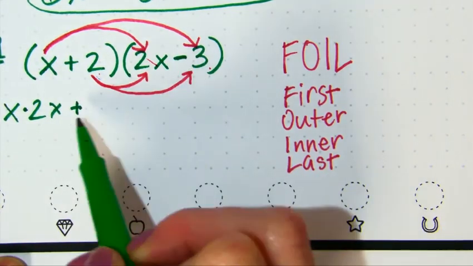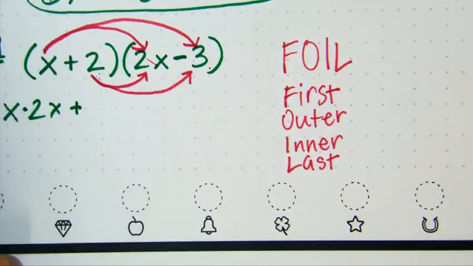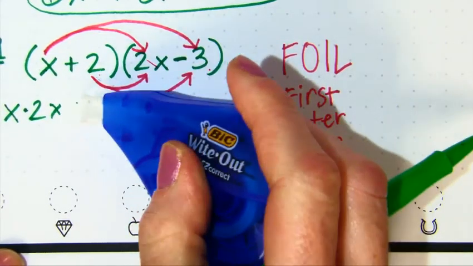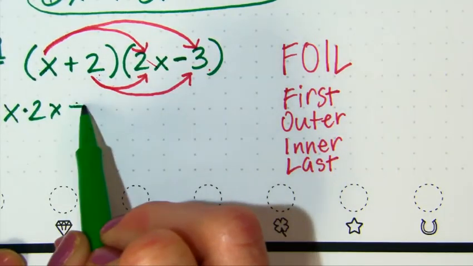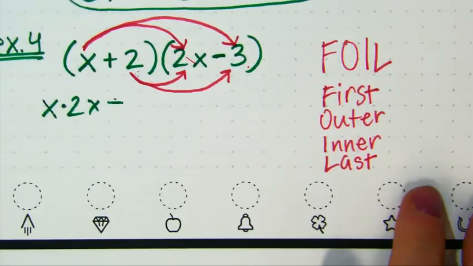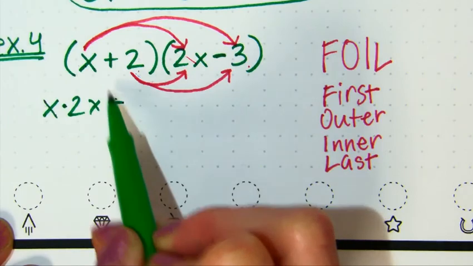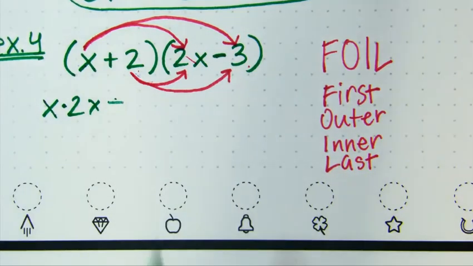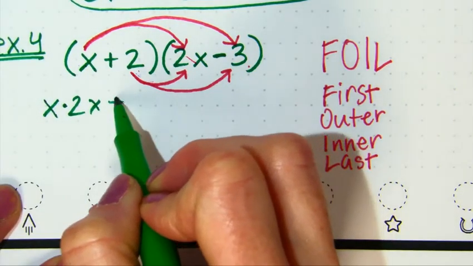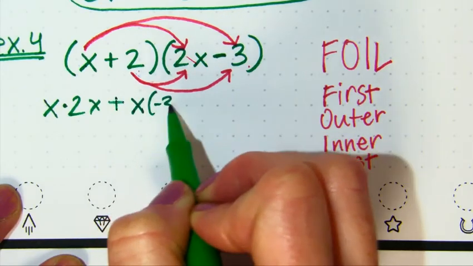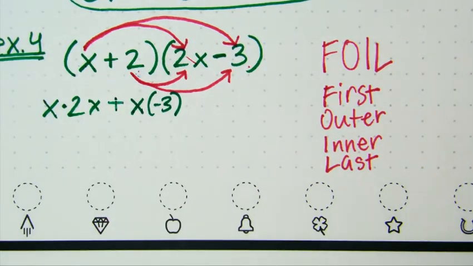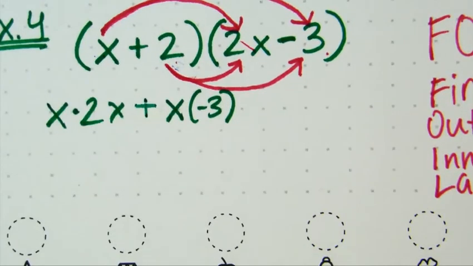So I could say plus x times -3, or we can say minus x times 3, however you want to write it. So either minus x times 3 or plus x times -3. Either way, you're going to get the same simplified result, okay?